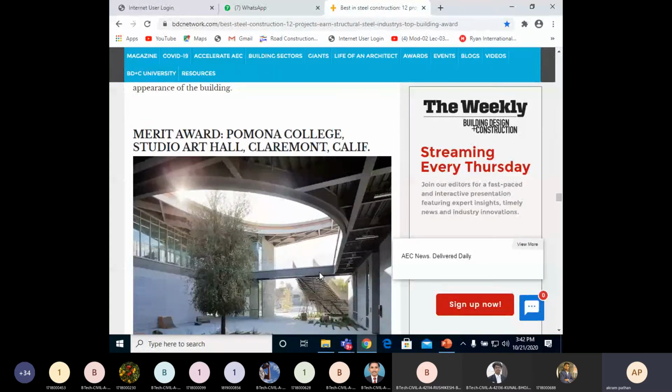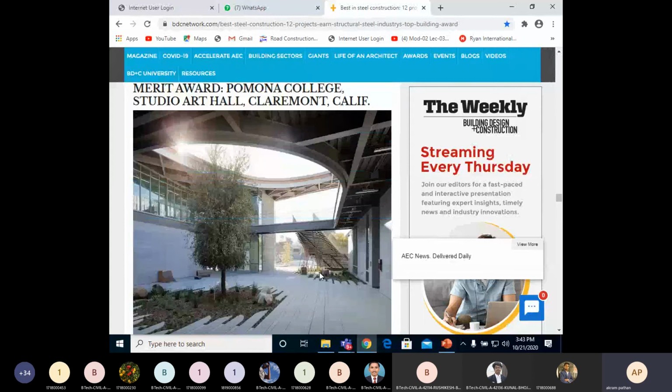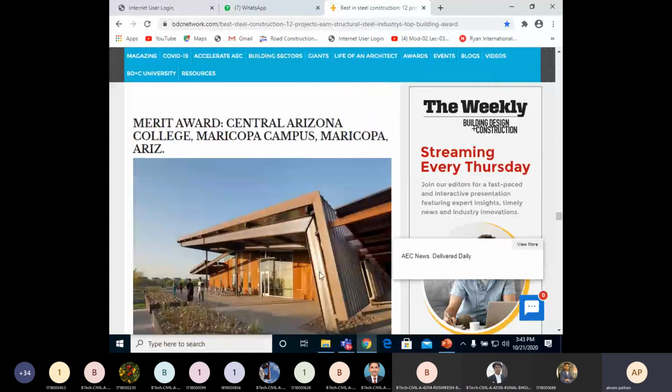Then this is a particular merit award, Pomona College Studio Art Hall, which is constructed with the help of steel structures. Then this is Central Arizona College, Maricopa campus.